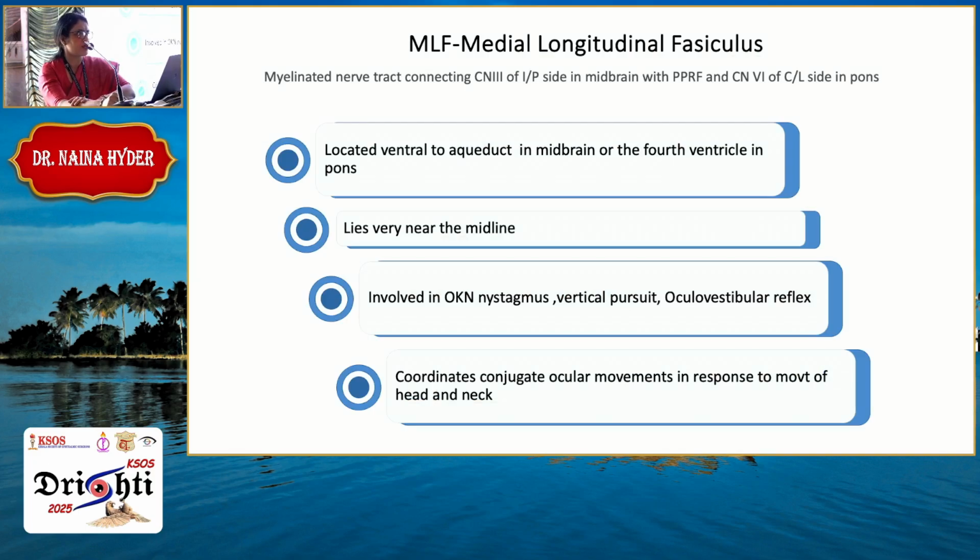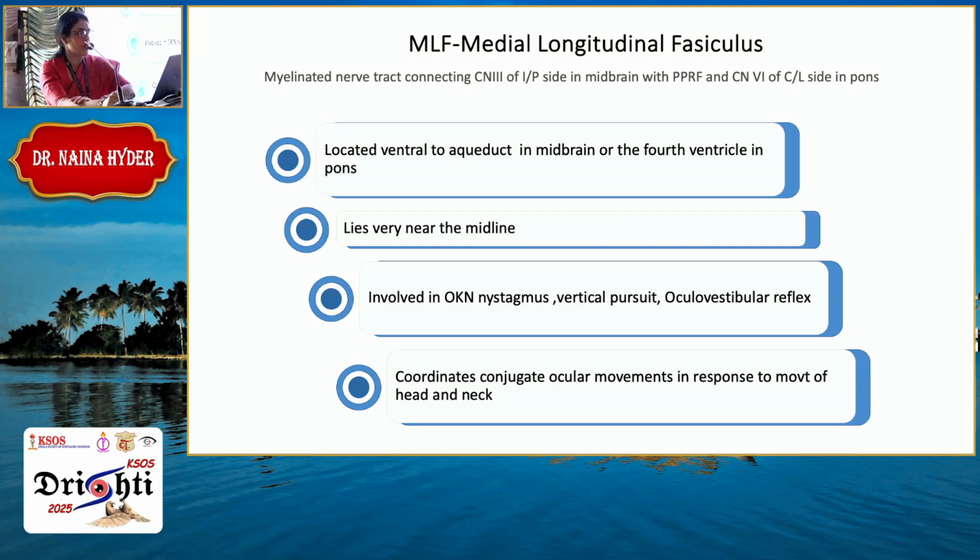Just to catch up for the PGs, the medial longitudinal fasciculus. It is a myelinated nerve tract connecting the third nerve nucleus on the ipsilateral side in the midbrain with the PPRF and the sixth nerve on the contralateral side in the pons. So we have an MLF which is connecting the midbrain and pons.